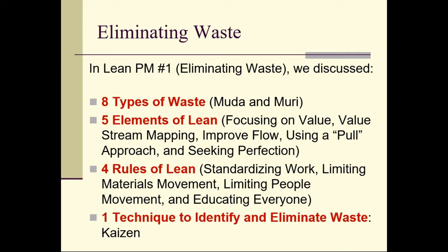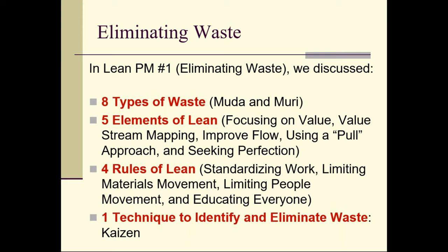We talked about the 5 elements of lean. So having a value focus, focusing on value, delivering value, keeping value, customer value, business value is our main focus. Something called value stream mapping, which helps us figure out in what steps value is being created and which steps are open to more optimization because they're not adding value that might be worth it for all the process that they're going through.